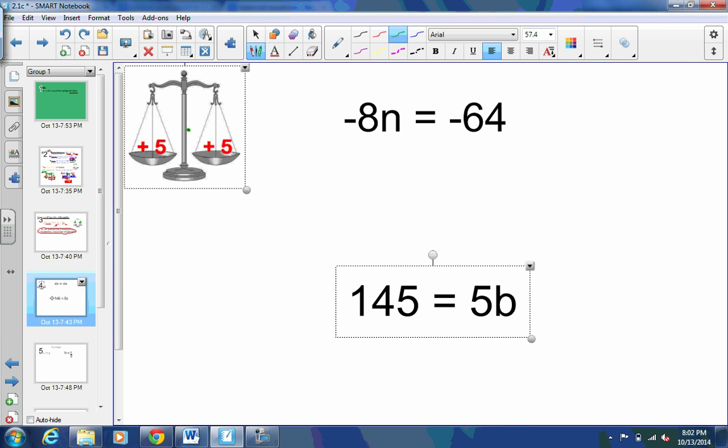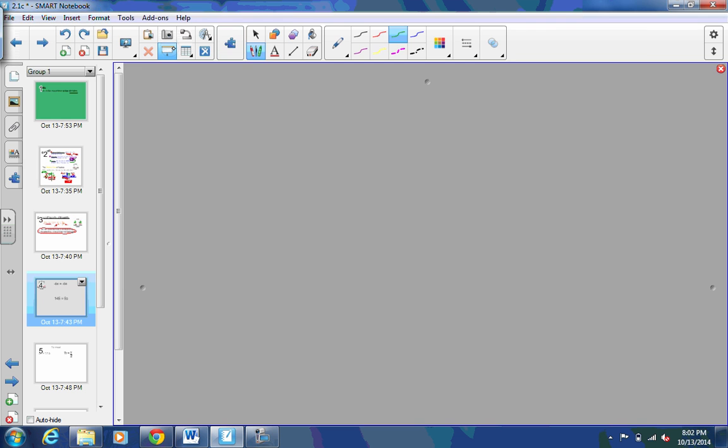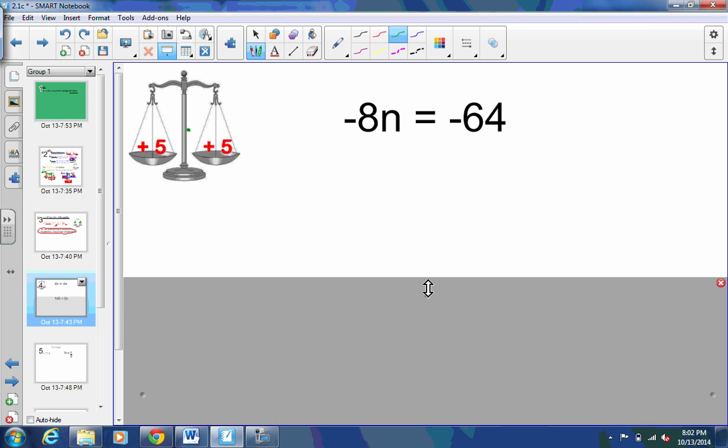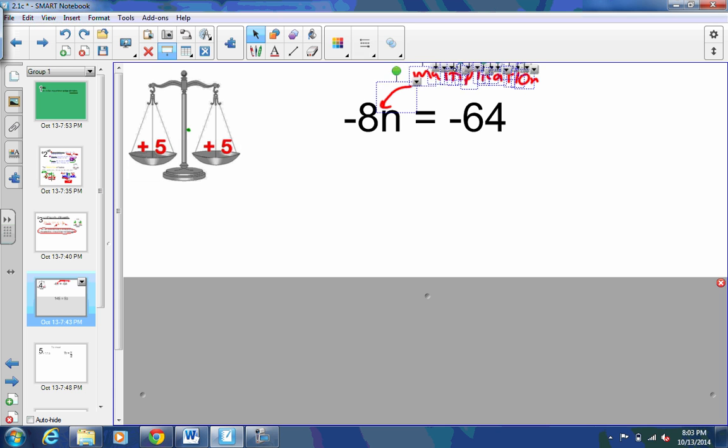I have 2 examples here. So remember that property. We'll stick with the first one first. It says negative 8n, and again, remember, that is multiplication.